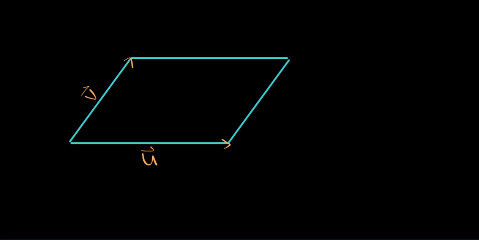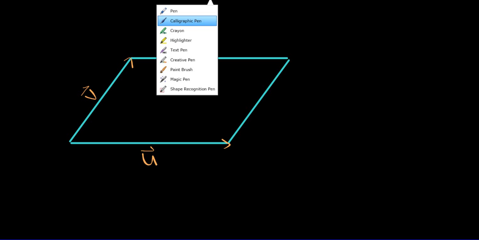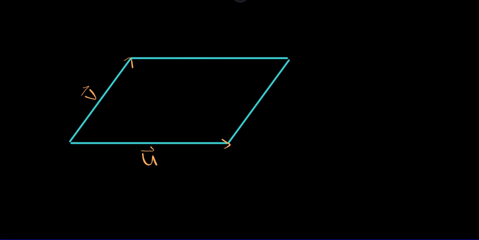Now, here's what I want to do. Remember that with a parallelogram, we could drop a height down here, and that doesn't hurt anybody, right? There's a height. Now, I can take note that this right here is theta. This is the angle between those two vectors.